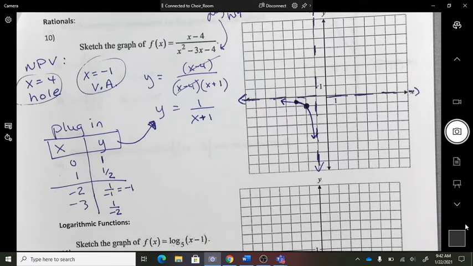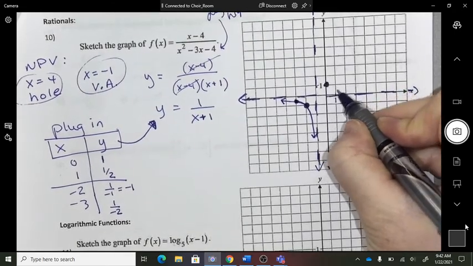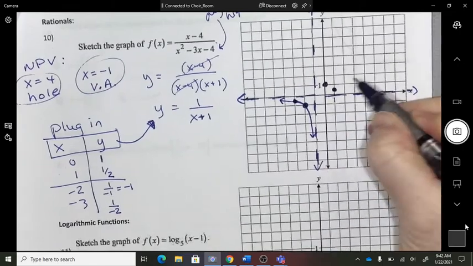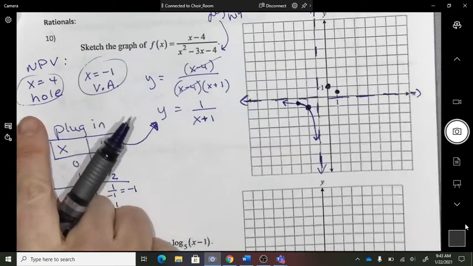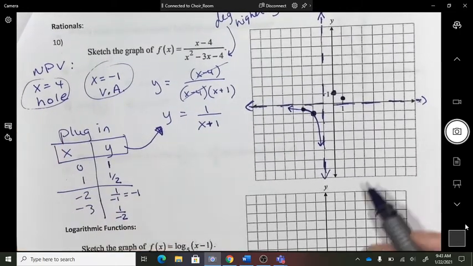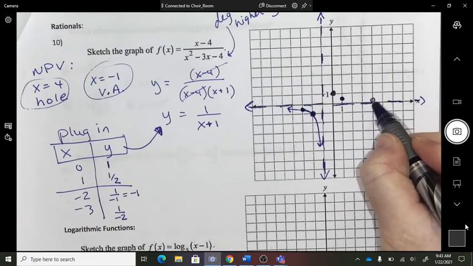Okay, now don't go too ahead of me on the right side. I'm going to plot those 2 points, 0, 1, 1/2. I can see the shape it's going to make. It's going to go flat right, but I also have to remember the hole. So 1, 2, 3, 4.